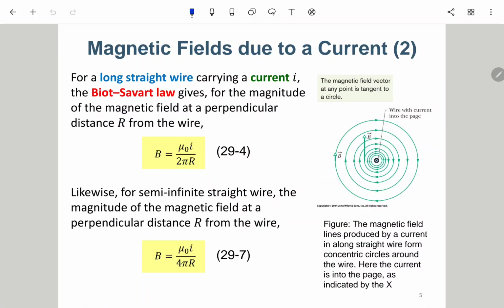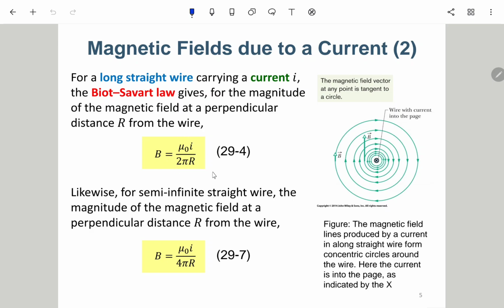So here we have a long straight wire carrying a current I. The Biot-Savart law gives for the magnitude of the B field at the perpendicular distance r from the wire, B equals mu 0 I over 2 pi r.